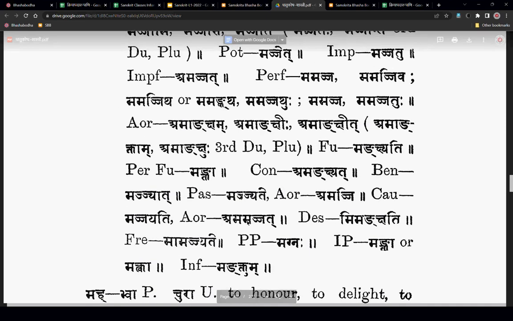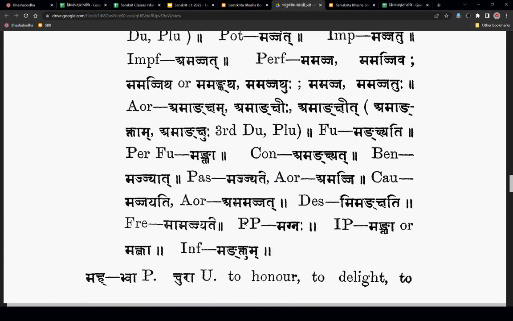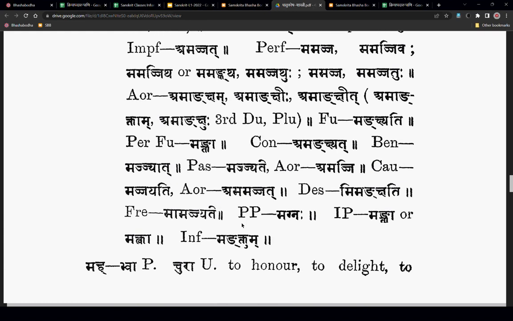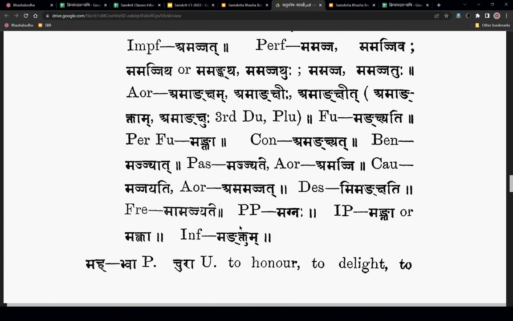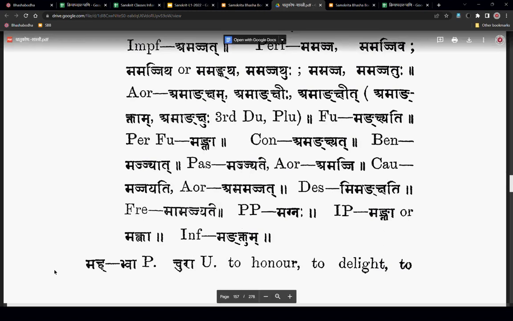And now, for our Bhuta Kridanta, where can we find it? We can find it by looking at this one, PP, past participle. This is Magnaha. This is not Tavatu Rupam, like Gatavan, Gatavati.